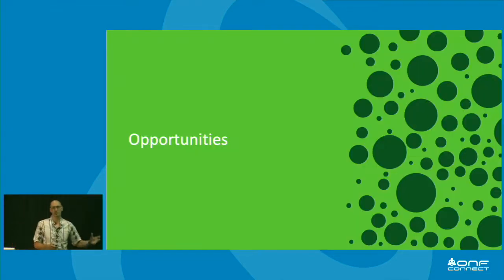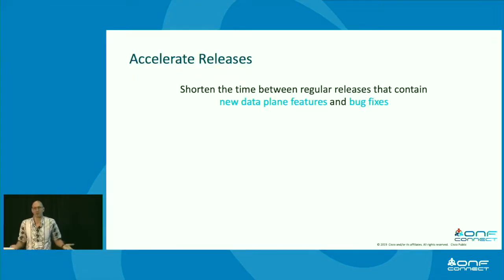So what are the opportunities that vendors can get from P4? Some of them are pretty intuitive and straightforward, and they've been said in several contexts, so I'll skim quickly through them. But one thing that vendors can get from having a P4 programmable ASIC in their systems is that they can accelerate their releases.